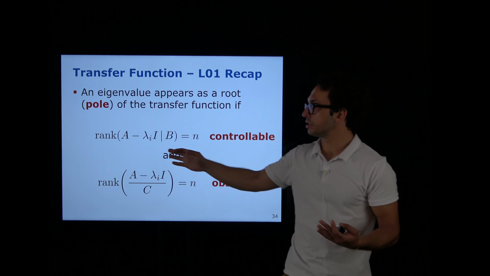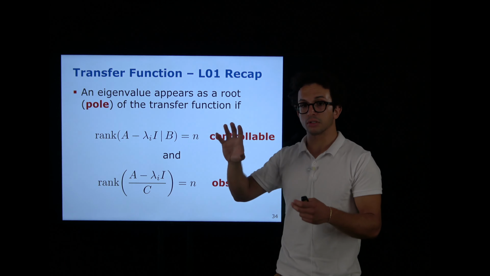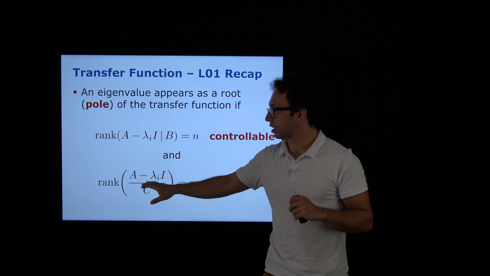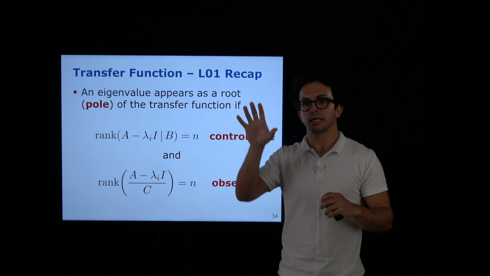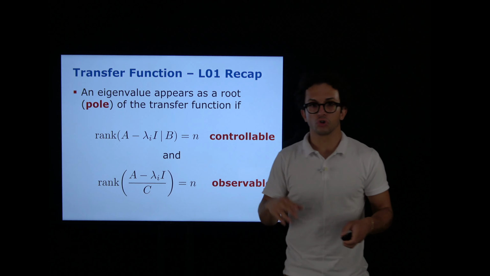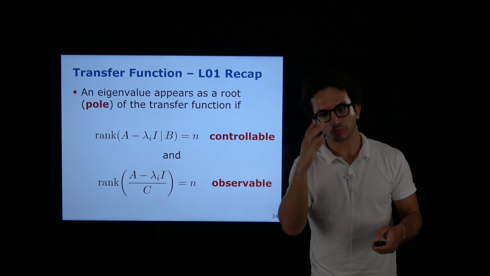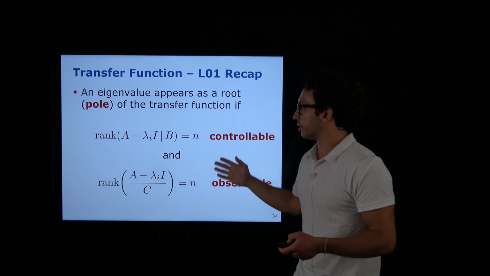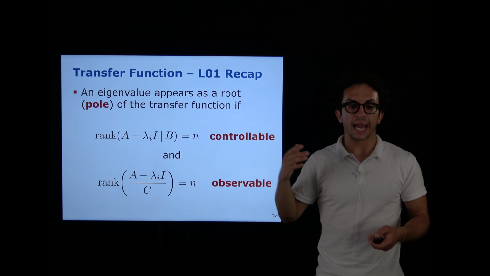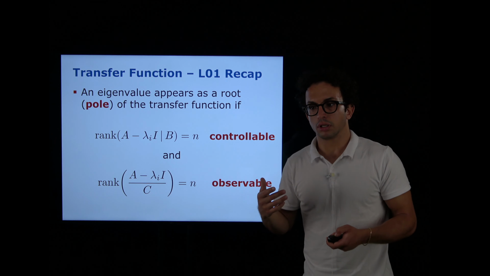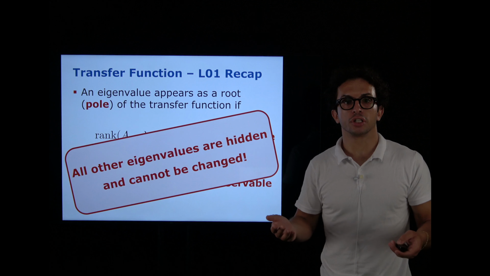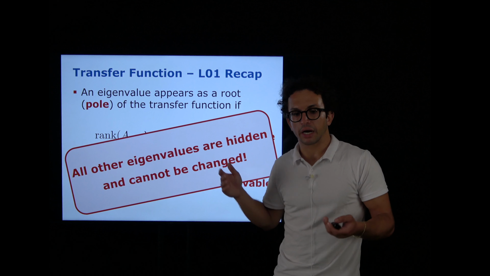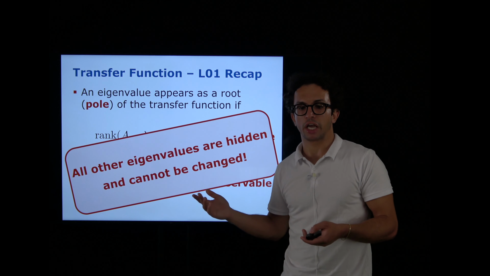So you have here the matrix A minus lambda I, and then on the side you put B, and here you have A minus lambda I, and at the bottom you put C. So these two conditions must be satisfied in order for an eigenvalue to be controllable and observable, and all the others cannot be changed. All eigenvalues which are not controllable and observable are hidden eigenvalues, and they cannot be changed.